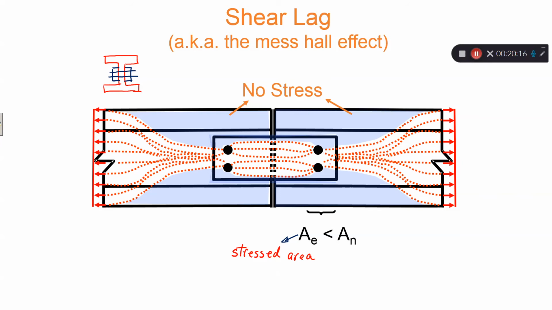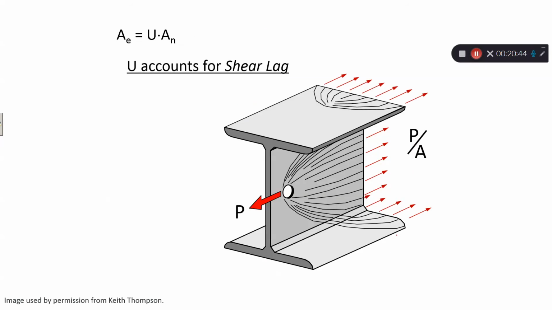The farther away from the connection, the more fully stressed the cross section is. A cross section far away from the connection is fully stressed, but a cross section closer to the connection is not fully stressed. So a shear lag factor U applies. U accounts for shear lag.